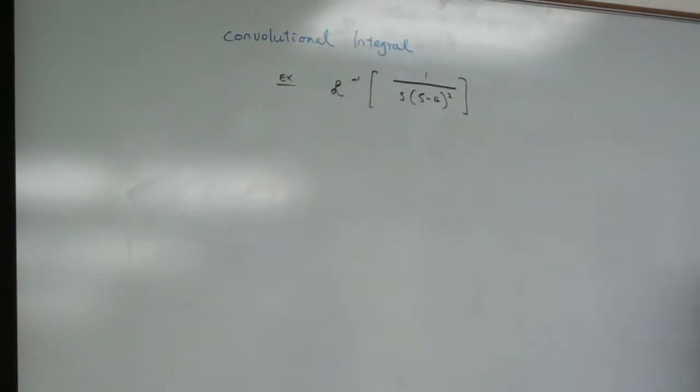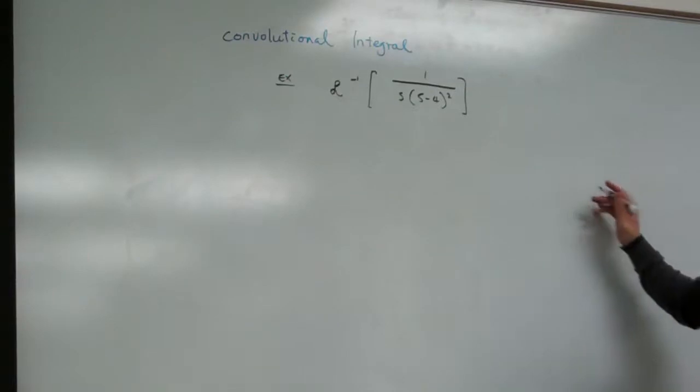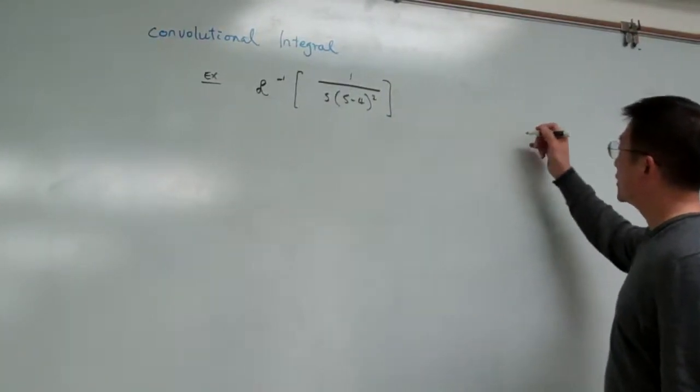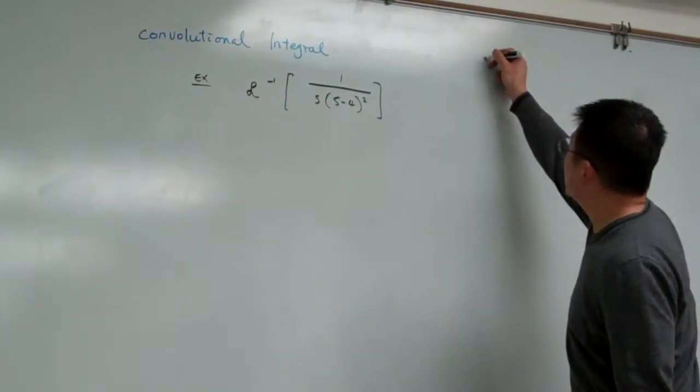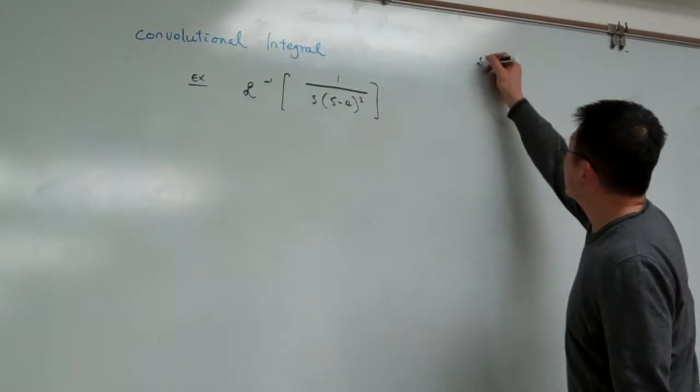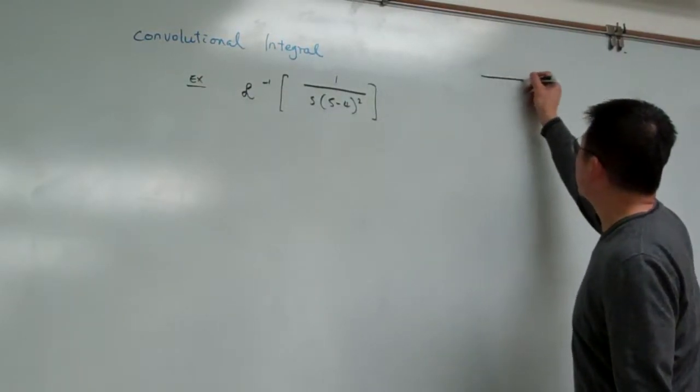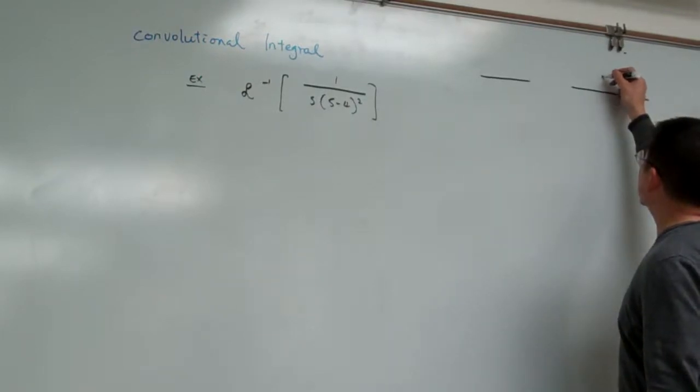Okay, so for example, we want to determine the Laplace inverse of this function. So basically, we can rewrite it into a good form. So this is the time domain, and this is the S domain.